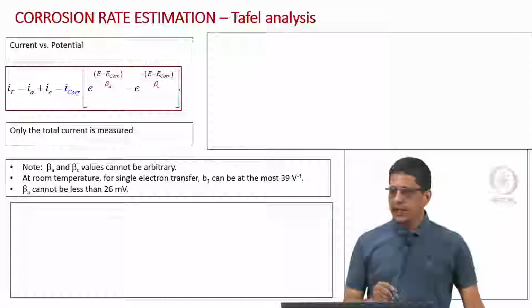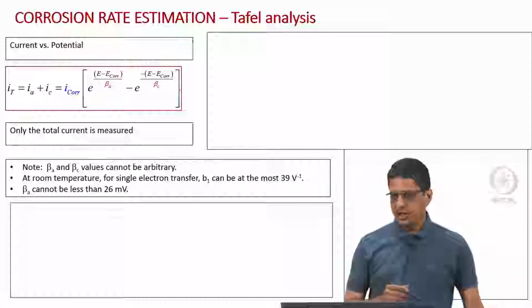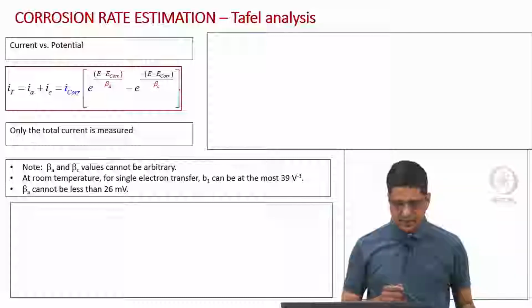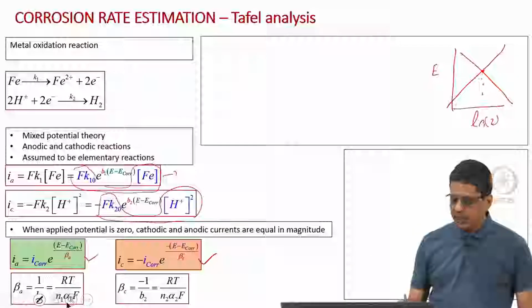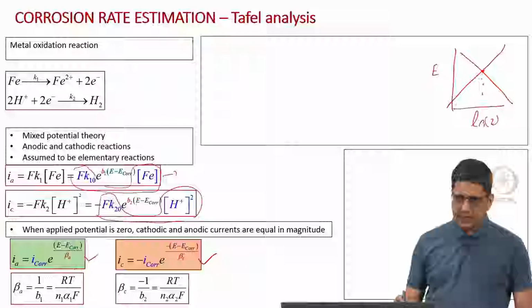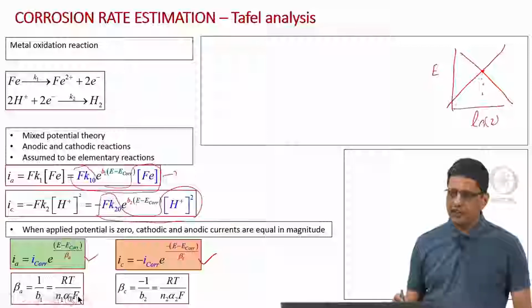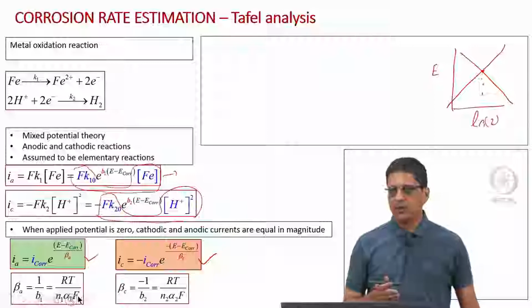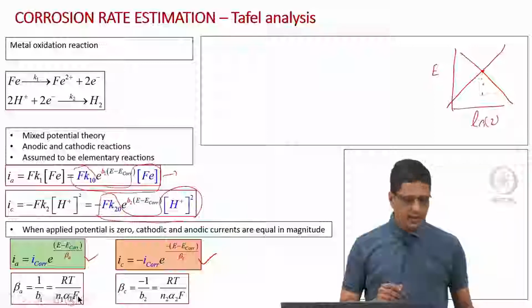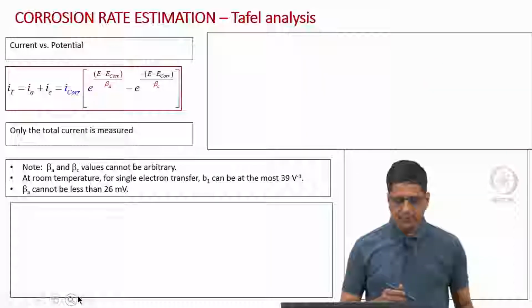Now, beta A and beta C values cannot be arbitrary, because earlier we have seen this, right. It is given by RT by n alpha F. R of course is universal gas constant, T is the temperature, F is the Faraday constant, n is the number of electrons, alpha is the charge transfer coefficient, and that can vary between 0 to 1. Okay. So, that means beta A cannot be an arbitrary number.